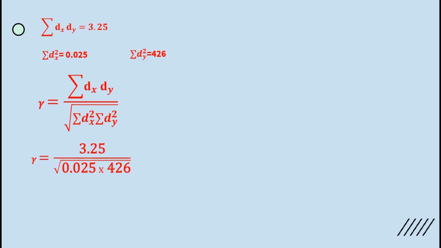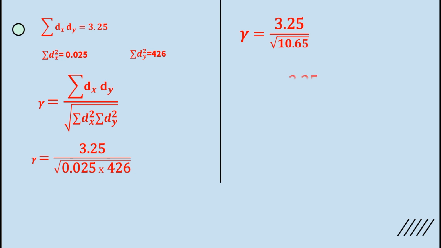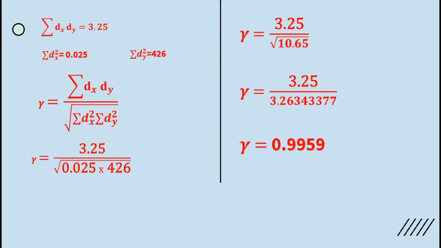R is equal to 3.25 all over the square root of 0.025 times 426. 0.025 times 426 gives us 10.65, and the square root of 10.65 gives us 3.26343377. If we divide 3.25 by 3.2634337, we get 0.9959 as our correlation.